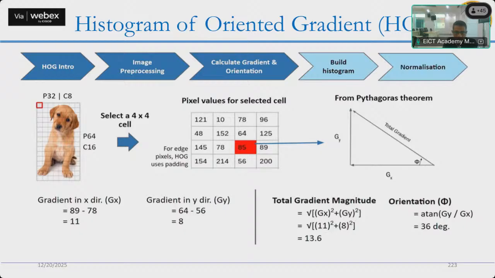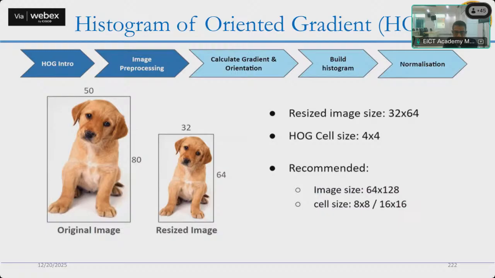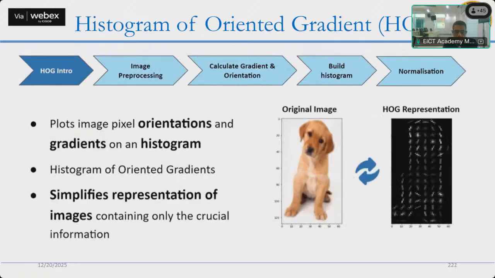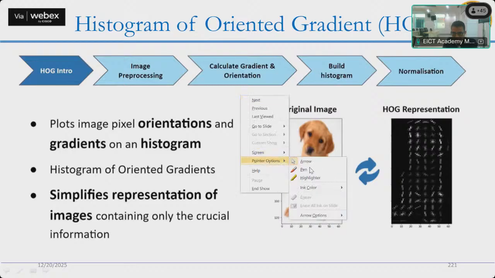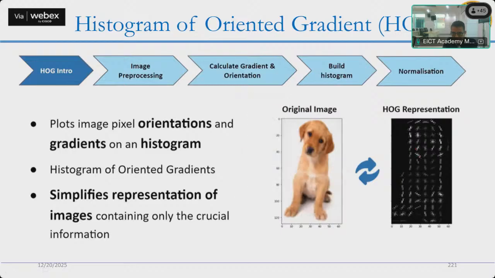Now we check out how things work here. We plot the image's pixel orientations and gradients on a histogram. For example, where do you see this gradient? You are able to see this angle, this angle. This is vertical, this is some angle, this is some angle.